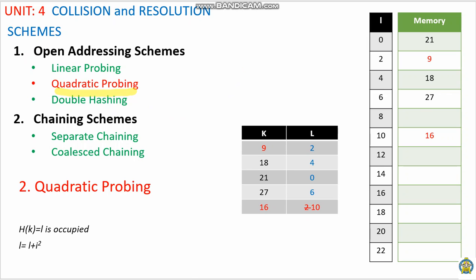The only difference is, if h of k is occupied, let's imagine we are using the same division method of hashing, then the new value of L is L plus I squared, where I is the increment size of the memory. We go by adding the square to the value.